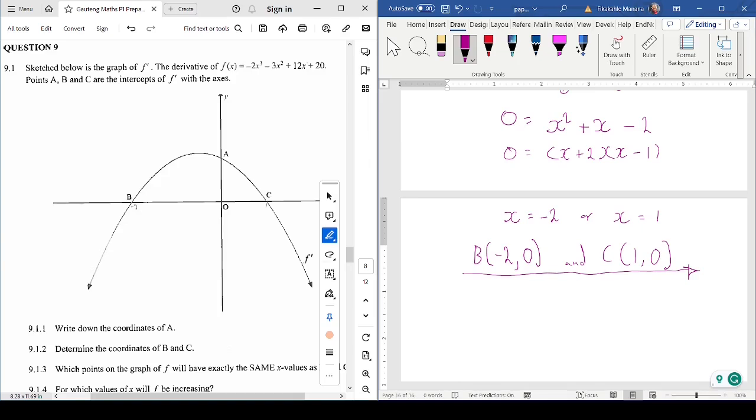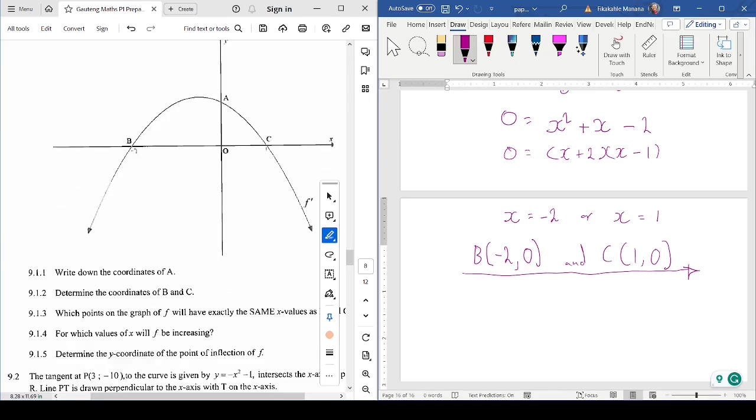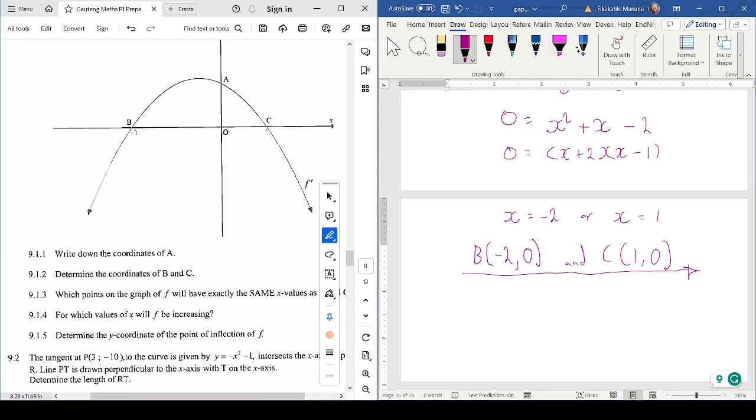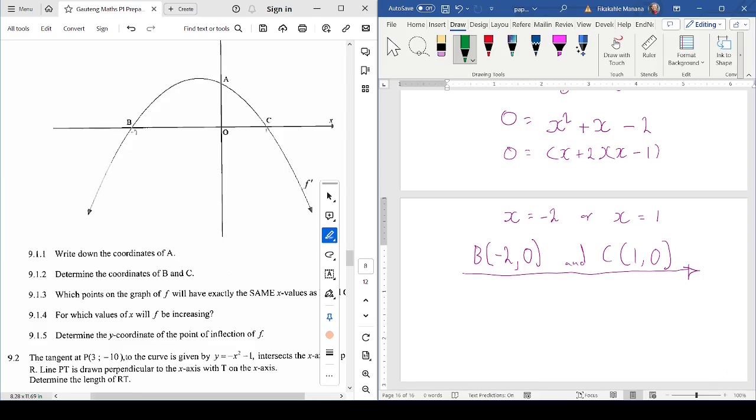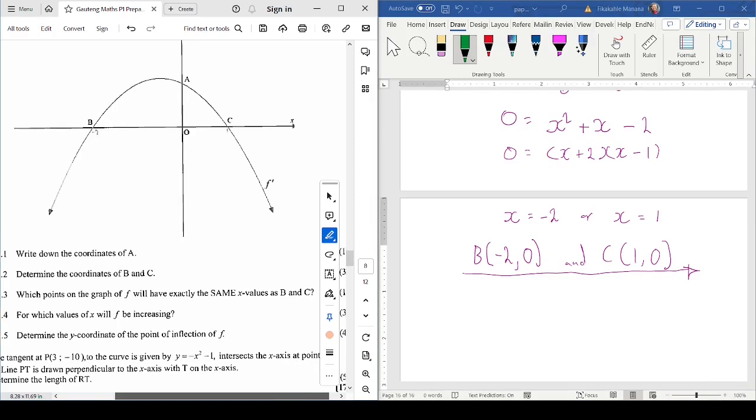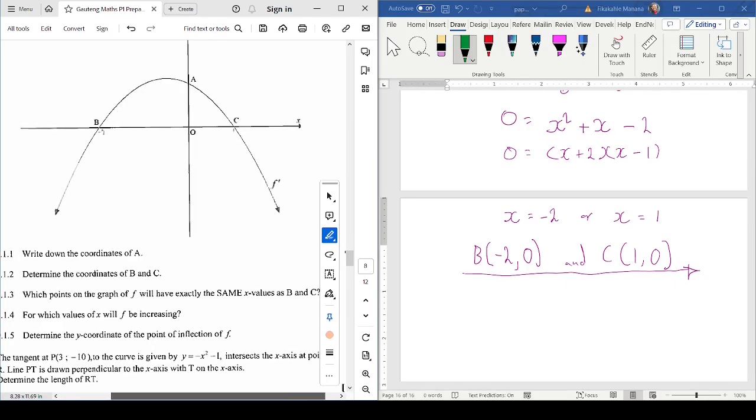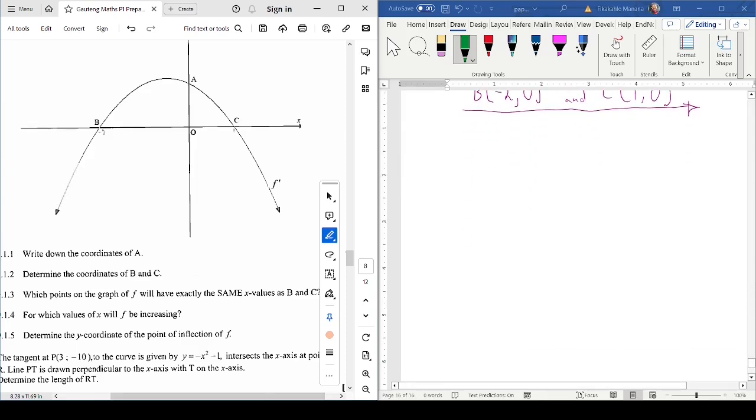Okay, and then the next question, if I can just scroll up here, we are now going to question 9.1.3, which says, which point on the graph of f, remember the graph of f is the original cubic graph, will have the exact same x values as B and C. In order to know that answer, you must know a bit of theory about the relationship between a cubic graph and a quadratic.